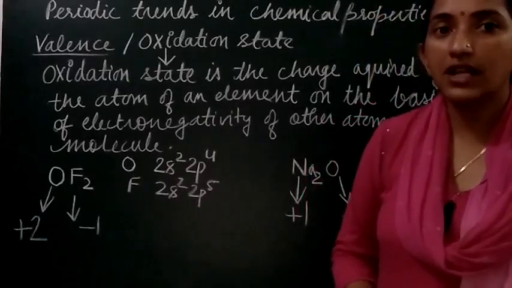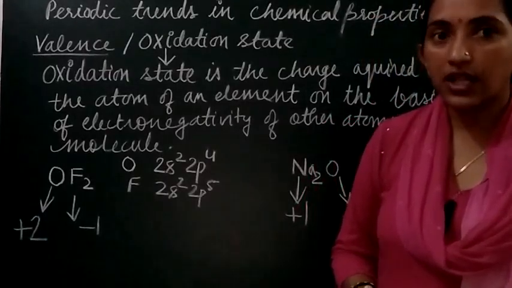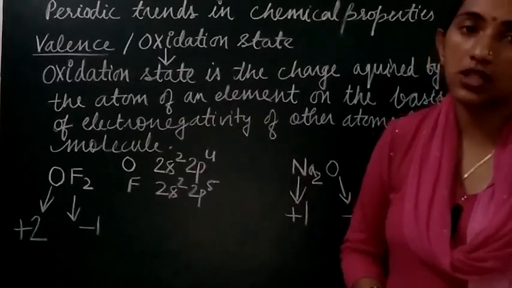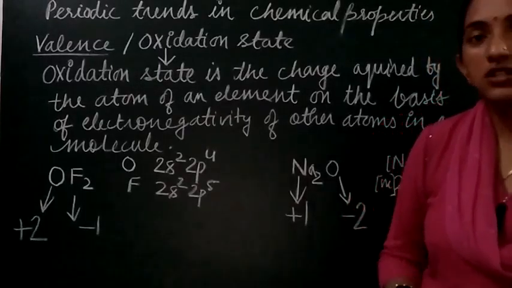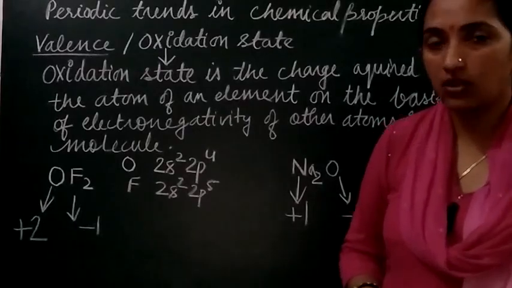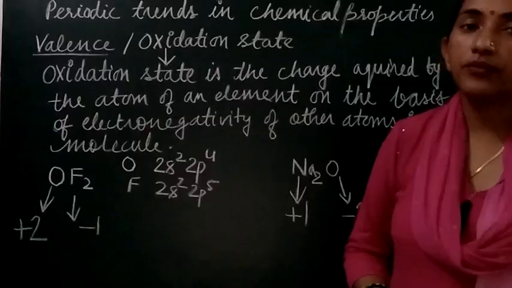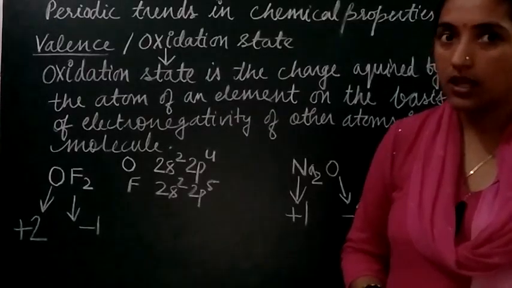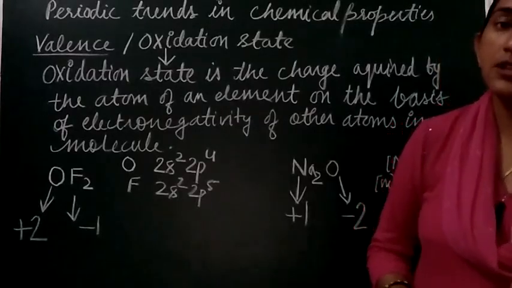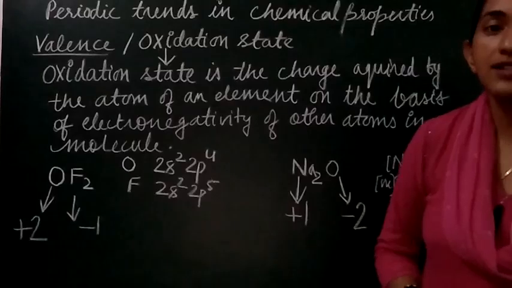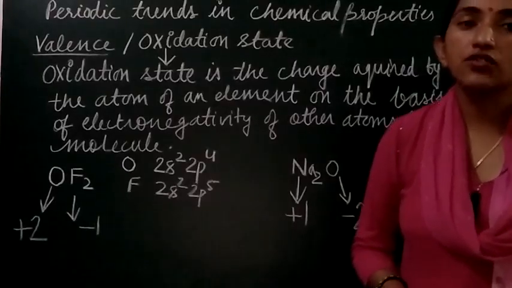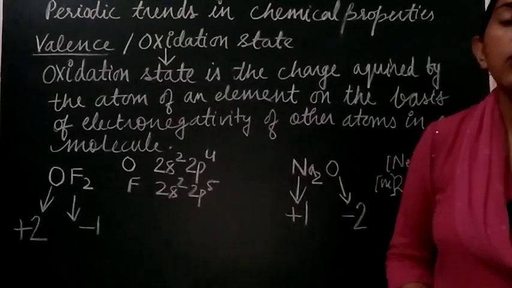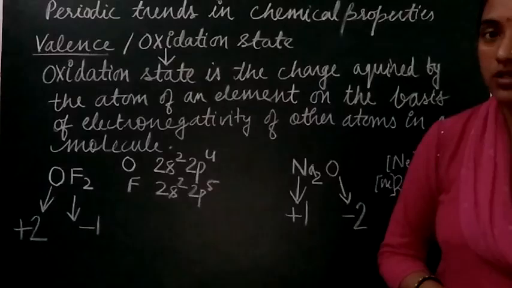But we have the transition elements, students, the d block elements and the f block elements, which show variable oxidation states and variable valency also, right? So that is about the transition elements and the f block elements. Whereas the representative elements show a valency which is generally fixed, and if there is any variation, only a few variable oxidation states will be possible.